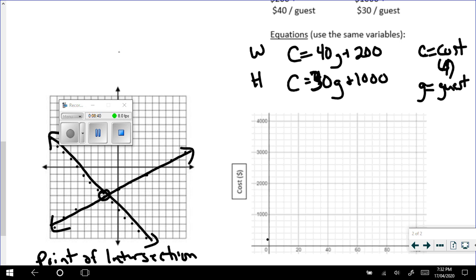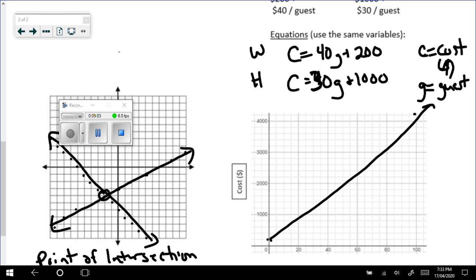So it should be over 1 up 40. I don't have an over 1, so I am going to pick a value. Over 100 is up. 40 times 100 is 4,200, so that's going to be there.